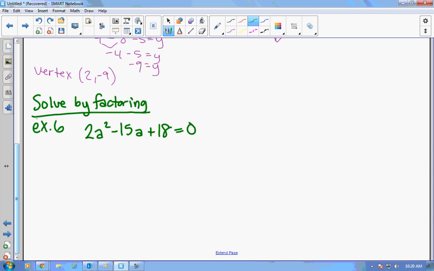Did you get it? Okay, put your test in your folder, please. You should be finding the 2 binomials using factoring.